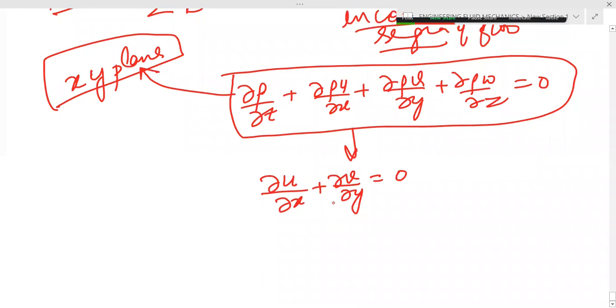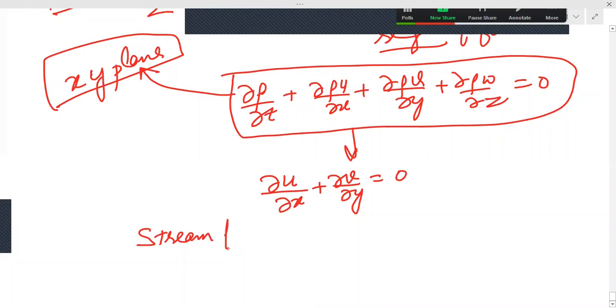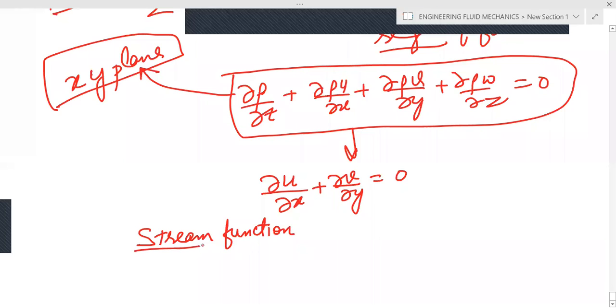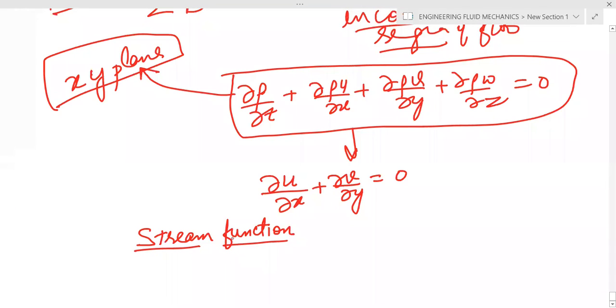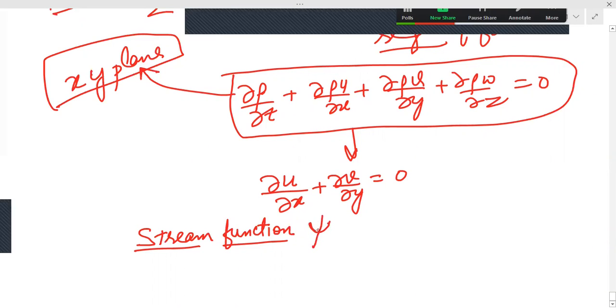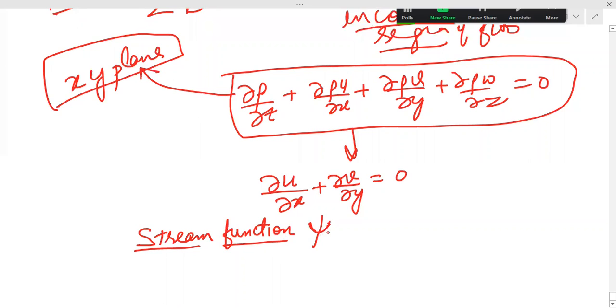Any doubts? So we define a function called, you might have heard about it, stream function. This we define because this is a scalar function. So instead of two variables, we could actually define this in terms of a single variable. And that is represented by psi, stream function psi.